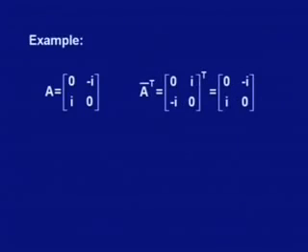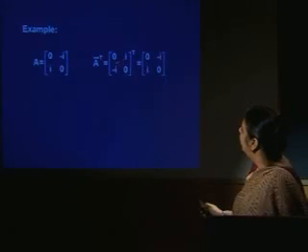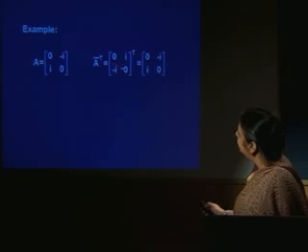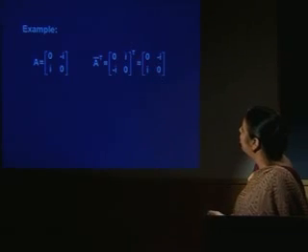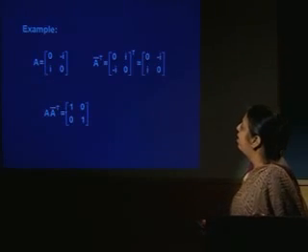For its A bar transpose, what I have done is I have first taken the conjugate, so the conjugate of this is 0 i, minus i 0, and then I take the transpose. So this row becomes this column and this row becomes this column. So this is A bar transpose.